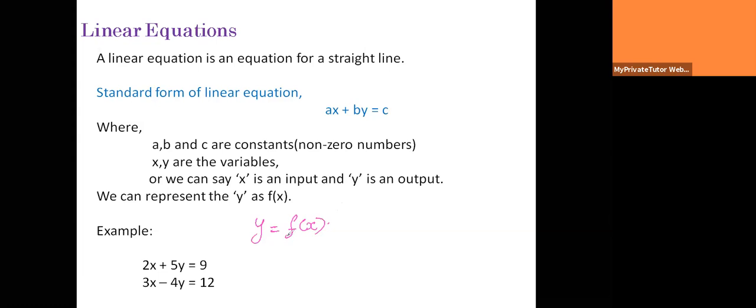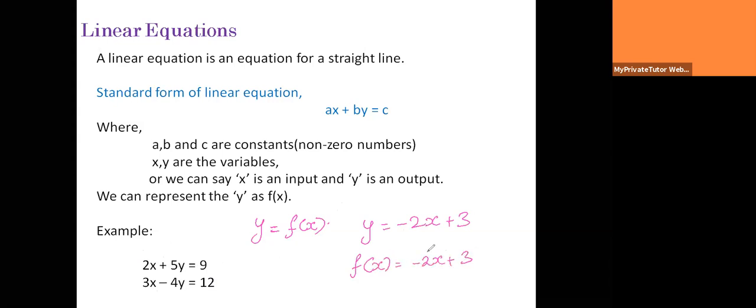What do you mean by that? If you look at this equation, these are examples of linear equations where you can see two variables, one is x and one is y. For example, another way you can write it is y equals minus 2x plus 3, which is the same as f of x equals minus 2x plus 3.